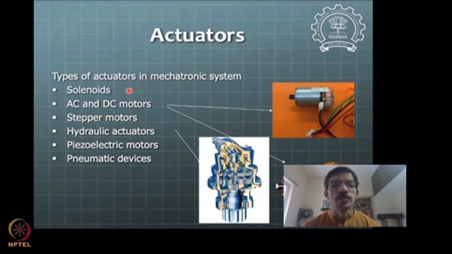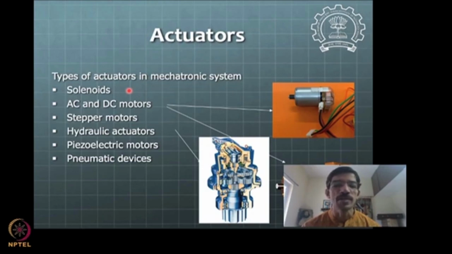They are used in many mechatronic systems, especially in process industries, where you want to suddenly open or close a valve, which is a digital opening and closing, or where you need to reject parts from the conveyor belt.